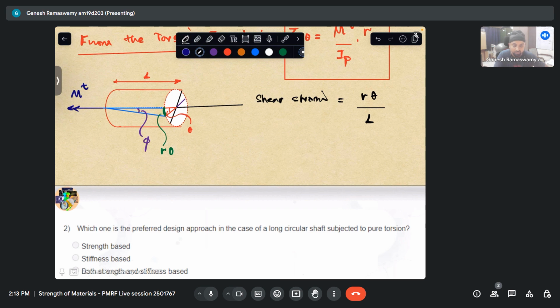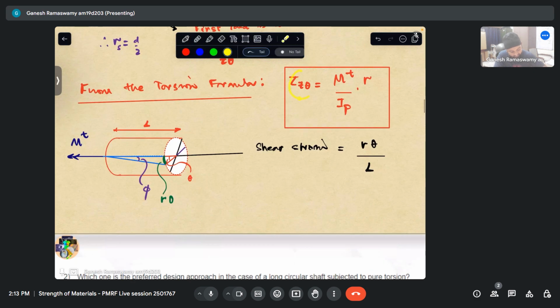So we know that this is shear stress and this is shear strain.